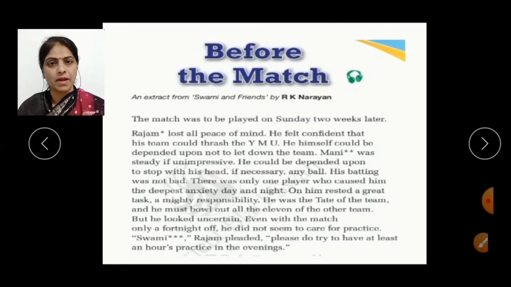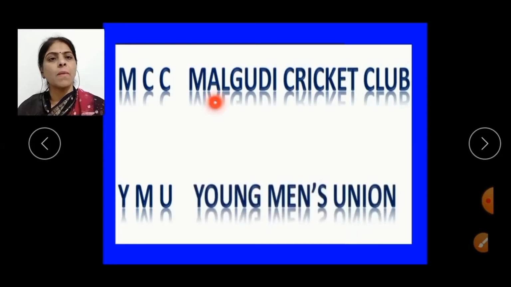Here the first para says that the match was going to be played on Sunday after 2 weeks between two teams, MCC and YMU. Here MCC refers to Malgudi Cricket Club and YMU refers to Young Men's Union.